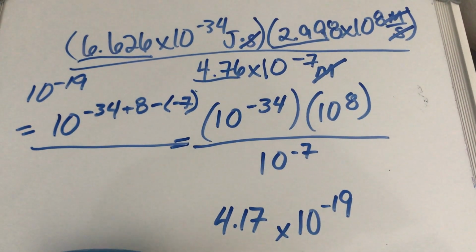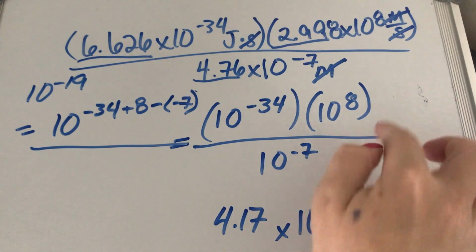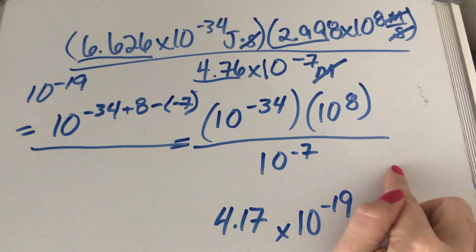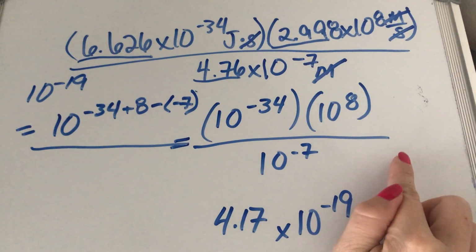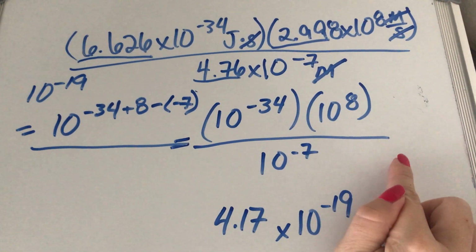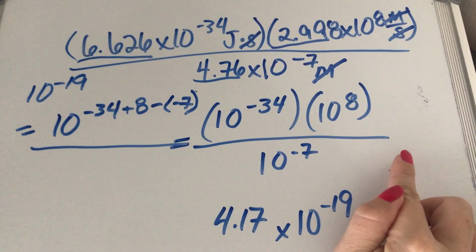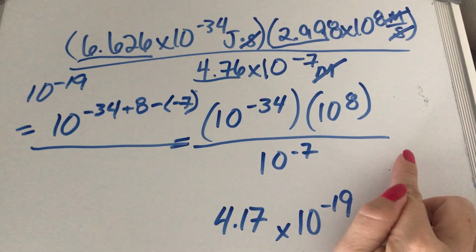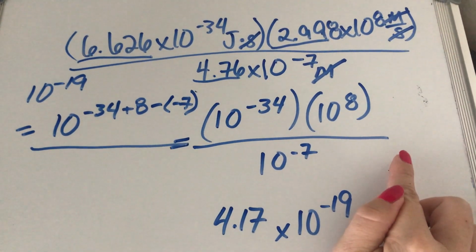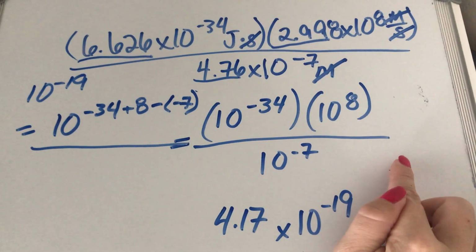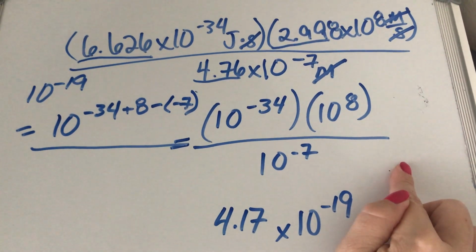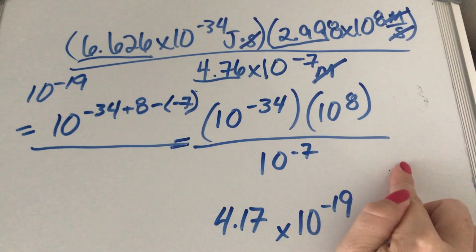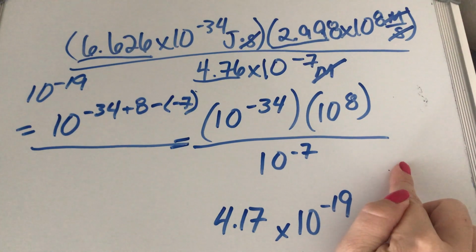in scientific notation. The reason why I like to teach this method is because scientific notation works in different ways on different calculators, right? So I'm going to show you what it looks like on my calculator, but that may not be what it looks like on your calculator. And it's super important that you are able to have an intuition about whether the answer that your calculator gives you is correct, right?